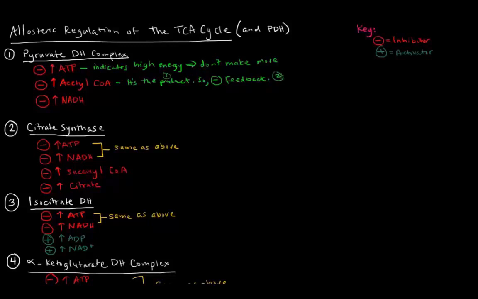So first of all, it's the product, so that's one reason. The second reason is, if there's a bunch of acetyl-CoA, what does that indicate? That probably means that the TCA cycle, or the Krebs cycle, whatever you want to call it, is not going all the way through, right? If there's a buildup of acetyl-CoAs, these acetyl-CoAs are supposed to go through the TCA cycle. If they're not going, that could mean the TCA cycle is not working.